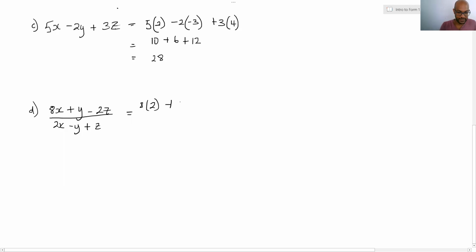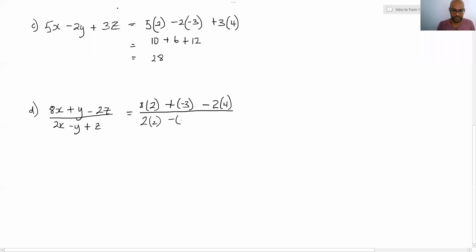Y is -3. Notice the use of brackets, because y is -3. I'm not interfering with the positive sign here as yet. What I'm doing is replacing the letters with the numeral value that they have given us. Z is supposed to be 4. So my first step is to replace all those letters with the numbers that they have assigned to the letters in that question.